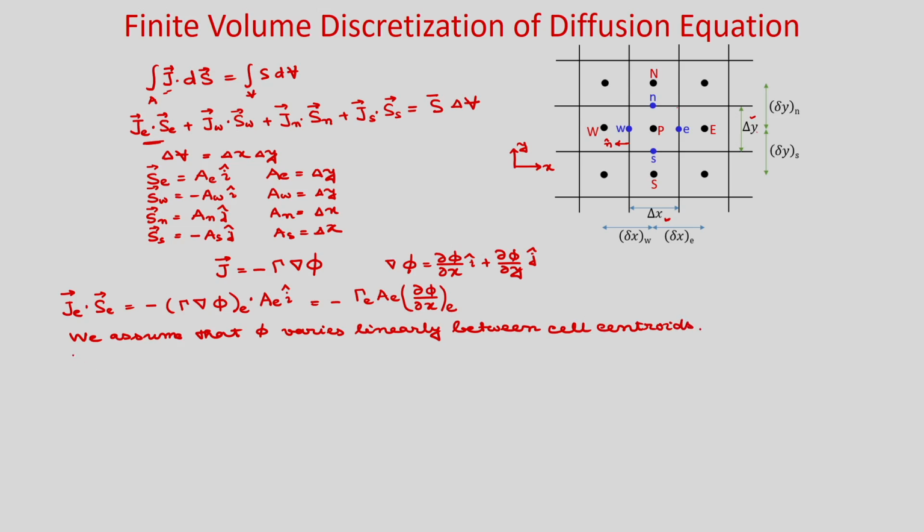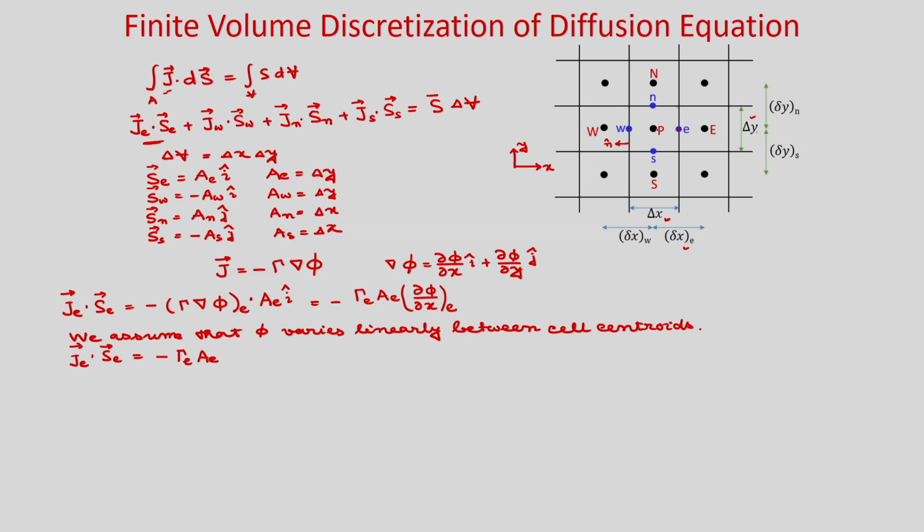Now you can write Je dot Se is equal to minus gamma e Ae. Now, del phi by del x at this face center E you need to find, the gradient at this face E. If you take del phi by del x, it will be second order if you use phi E minus phi P divided by the distance delta x e. So, the distance between these two cell centers is delta x e.